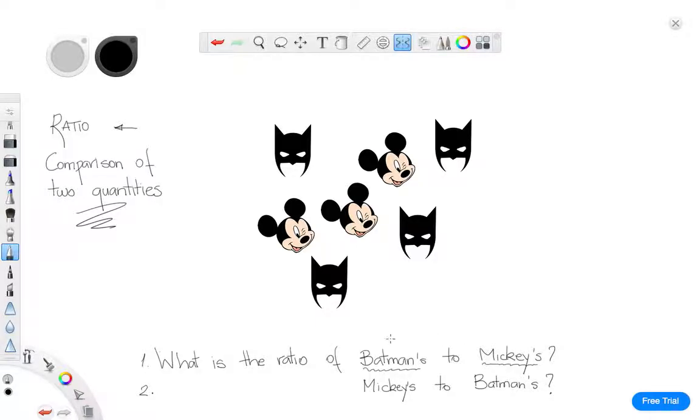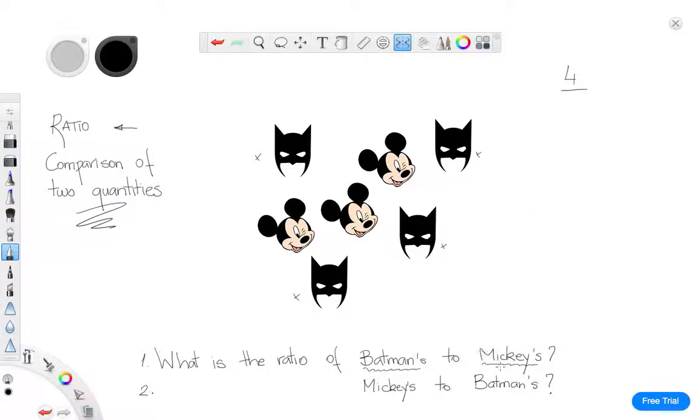I'm going to start counting the number of Batmans because that is what the question asks me to find out first. So I see that there is 1 Batman, 2 Batmans, 3 Batmans, and 4 Batmans. So that makes me write a 4 on the numerator of my ratio.